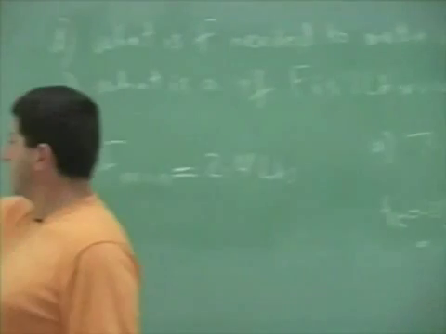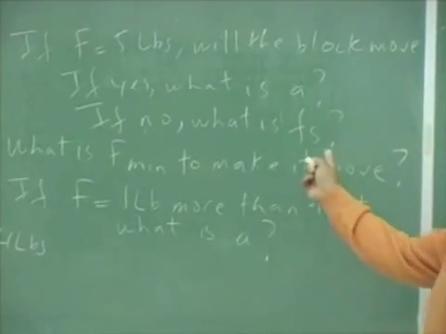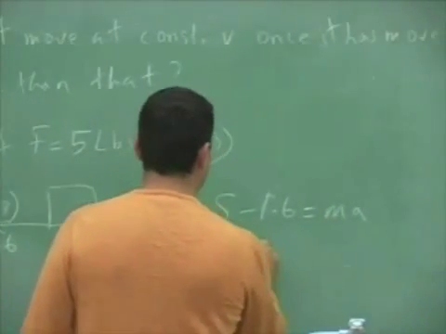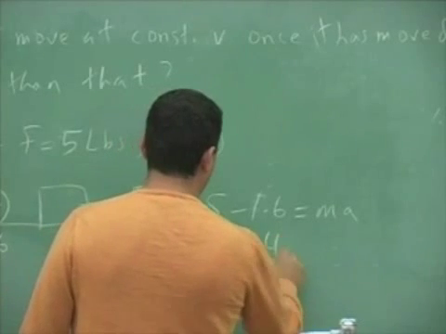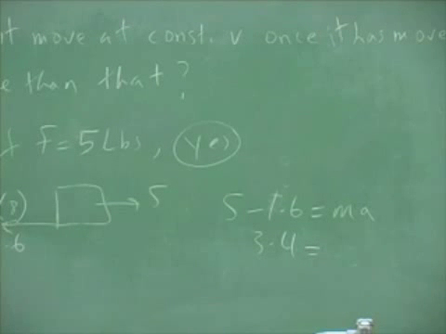In other words, we're answering the question, if the thing is moving, what is its acceleration? So 5 minus 1.6, so we have here 3.4. What is its mass? Remember, it's in slugs. It's 8 divided by 32, so a quarter slug.